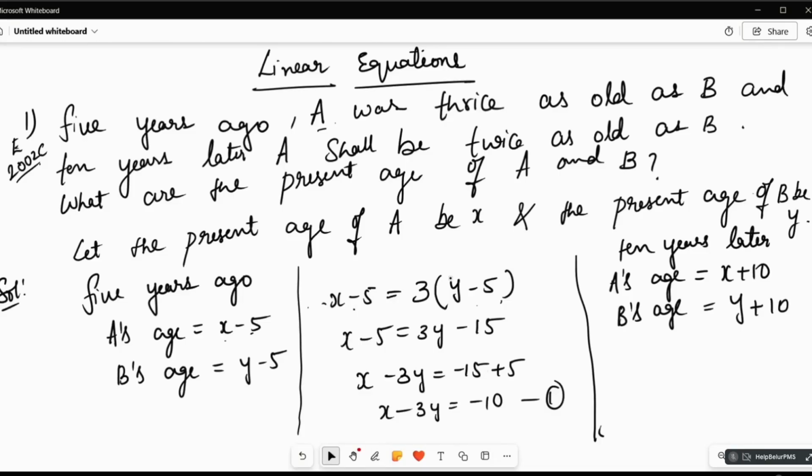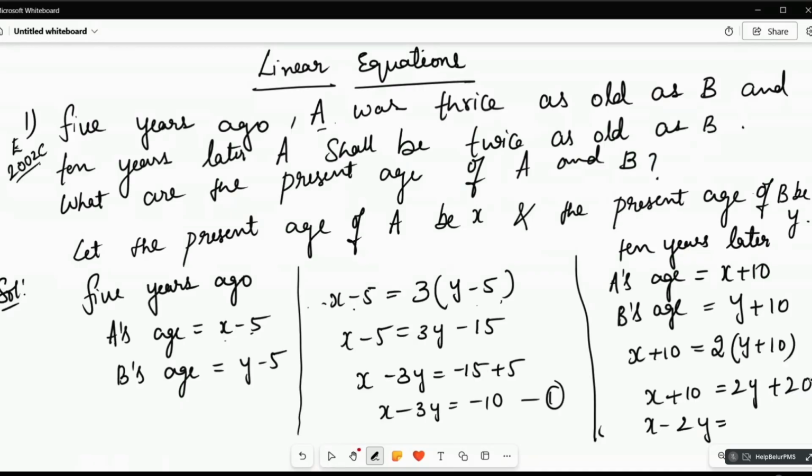So at that time, A shall be twice as old as B. So A's age is x plus 10, equal to 2 times the age of B, that is y plus 10. So x plus 10 is equal to 2y plus 20. So x minus 2y is equal to 20 minus 10, that is 10. Second. Now solve for x and y, you will get the answer.